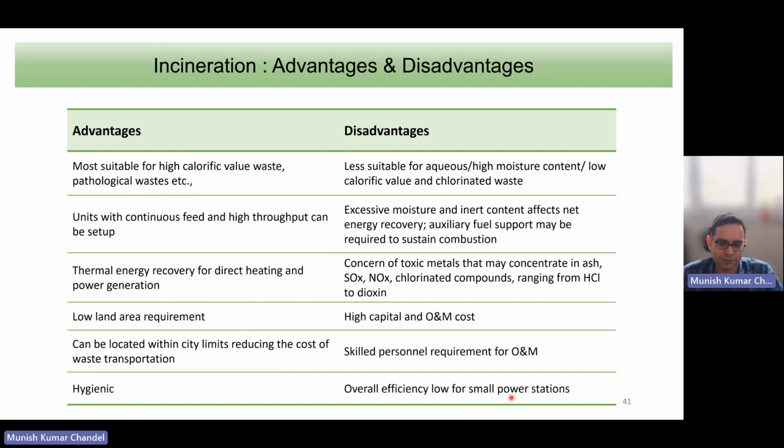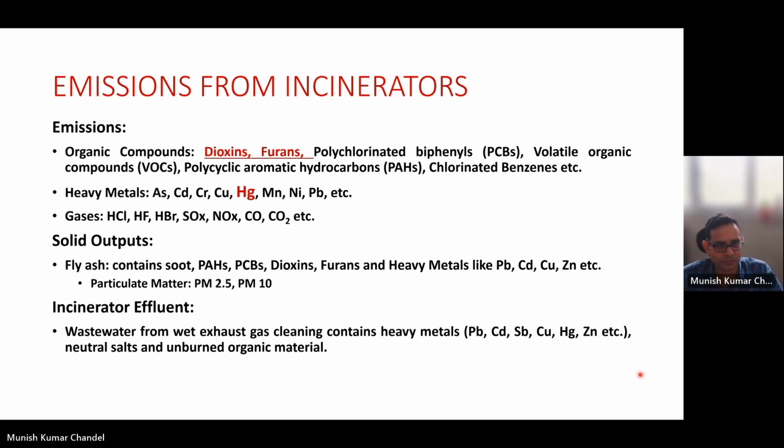Please remember that municipal solid waste is not the best fuel. It's not coal. It is non-uniform and heterogeneous in nature. So overall, this system has very low efficiency, and therefore it may not be the best way of producing energy or electricity.